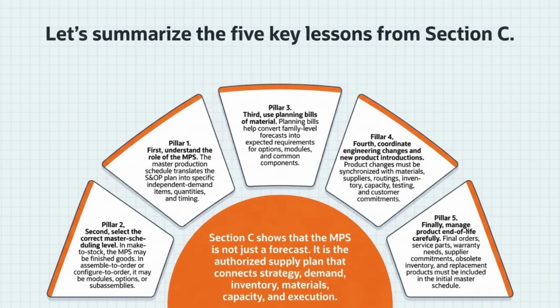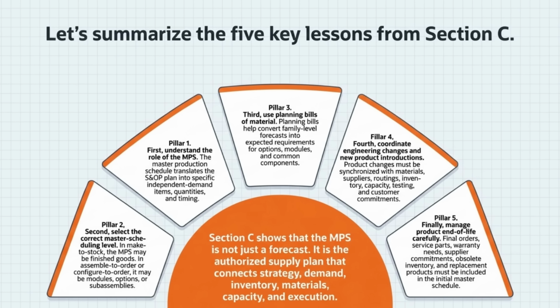Third, use planning bills of materials. Planning bills help convert family-level forecasts into expected requirements for options, modules, and common components. Fourth, coordinate engineering changes and new product introductions. Product changes must be synchronized with materials, suppliers, routings, inventory, capacity, testing, and customer commitments.